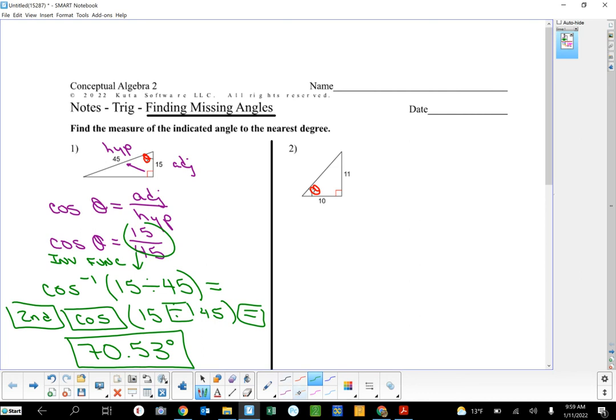All right, so let's look at the next one. Compared to this angle, this is the opposite side. This is the adjacent side. So we know that's tangent. Tangent is opposite over adjacent. And then we just use our inverse tangent, 11 divided by 10.